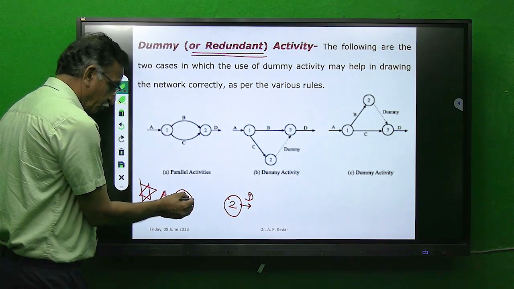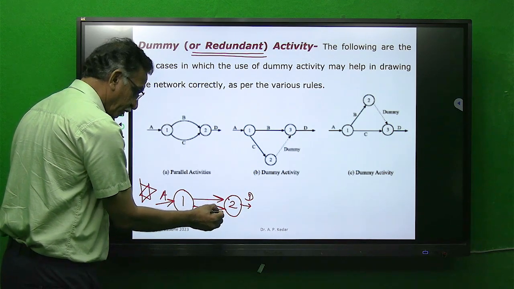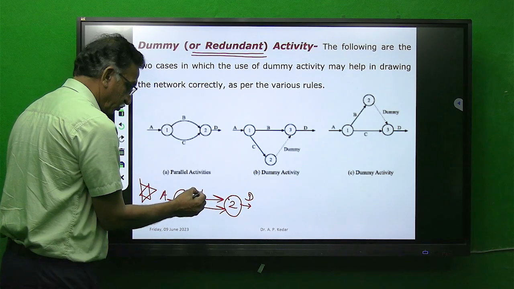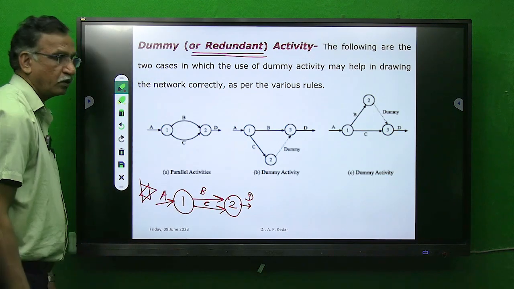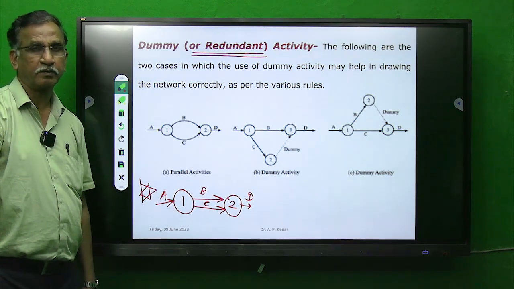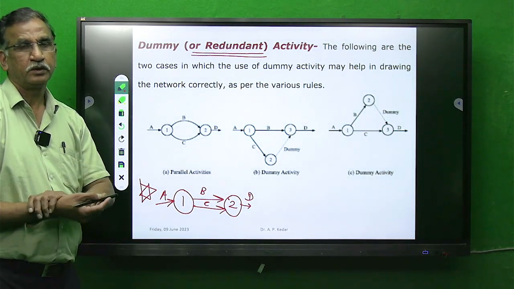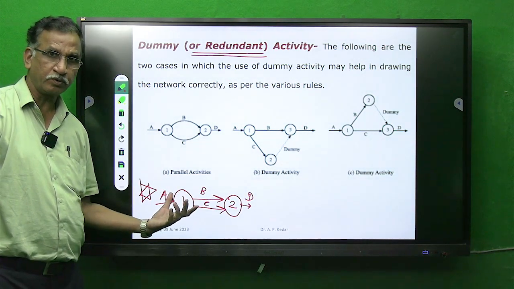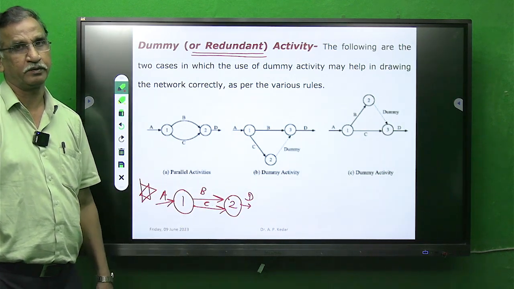Now you come across a situation and you draw a diagram like this. What you did, from the same node to parallel activity.